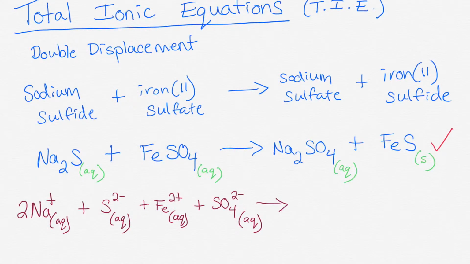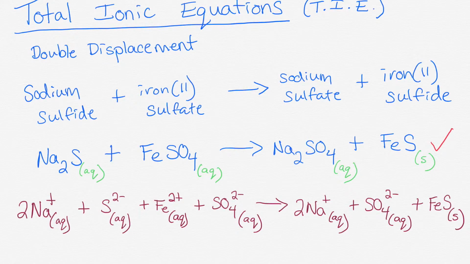And then I've got my reaction arrow, and my sodium sulfate is going to come apart in that same way. So I'm going to end up with 2 Na+ that are aqueous, and a sulfate that has a 2- charge and is aqueous. But the last compound that we have here, the iron 2 sulfide, is a solid. So it's not going to dissolve in the water and form ions.